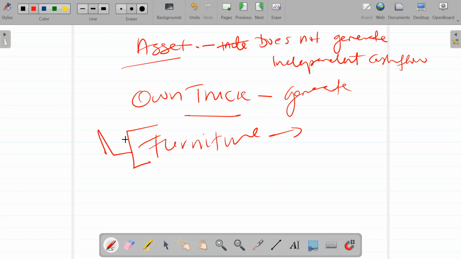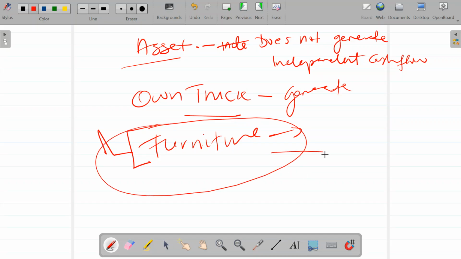Do you get it? So if the asset is like furniture and does not generate independent cash flows, then you don't need to test for impairment. Or if you want to test for impairment, then you have to test for all the assets that this asset belongs to.